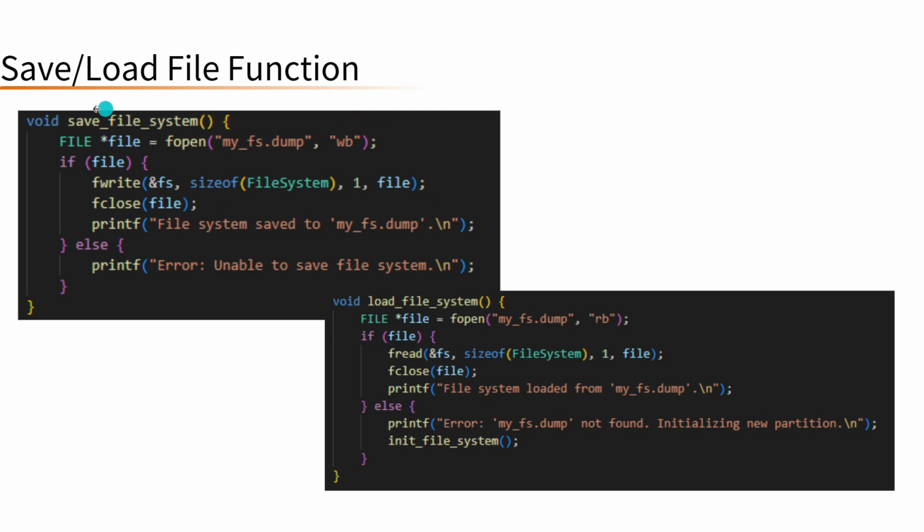And the next part is the save and load file function. In save file system, it will first open myfs.dump, and you will write the structure and the size into myfs.dump and close the file.